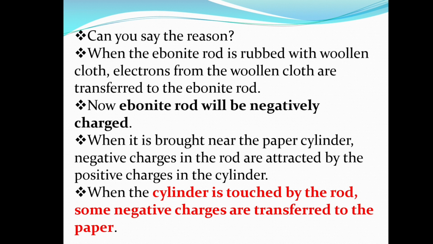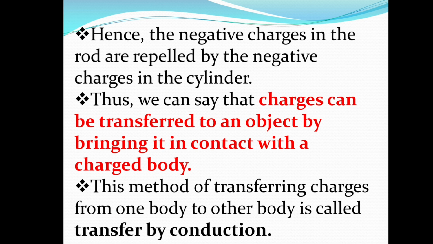So, when it is brought near the paper cylinder, negative charges in the rod attract the positive charges in the cylinder. When the cylinder is touched by the rod, some negative charges are transferred to the paper. Hence, the negative charges in the rod are repelled by the negative charges in the cylinder.